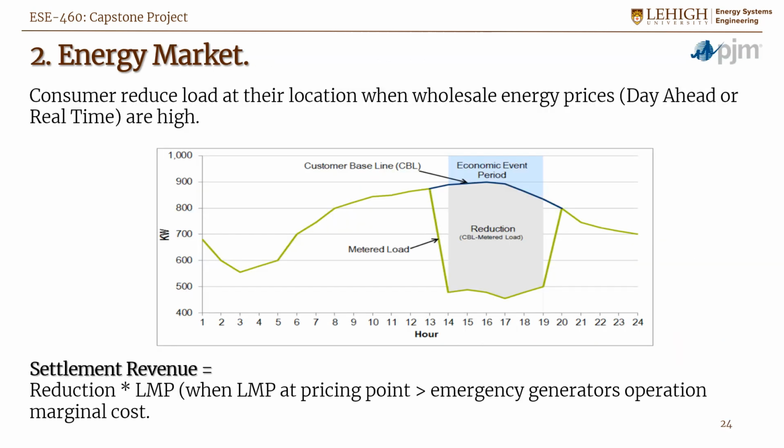The second potential is to participate in the energy market when the real-time prices are high, as will be shown in the next slide. In this case, the potential revenue will be the hourly reduction achieved in each hour multiplied by the energy prices at those hours.